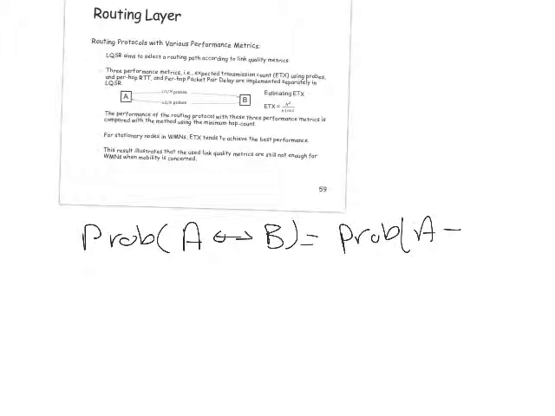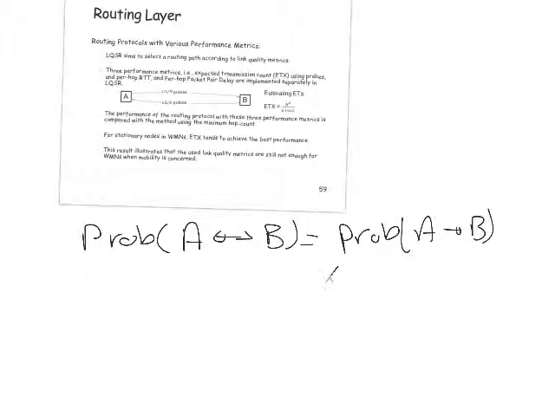Okay. So the probability, that means they are correlated. The probability from A to B equals the probability from A to B and B to A. And means in probabilities multiplication.